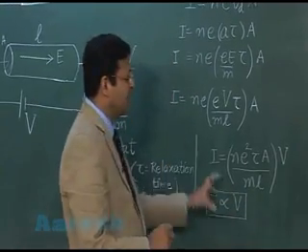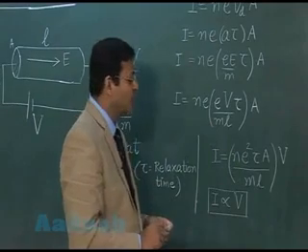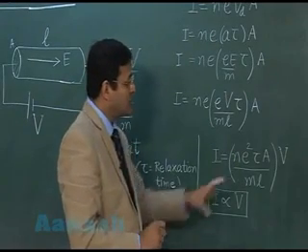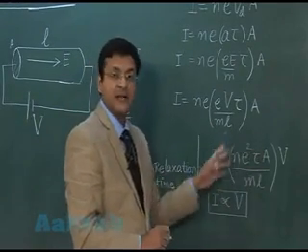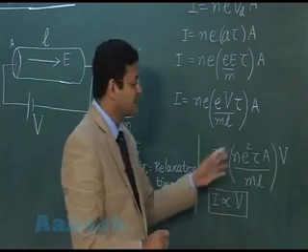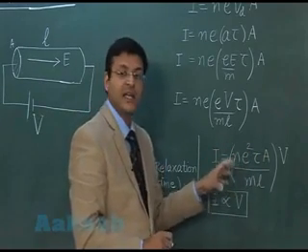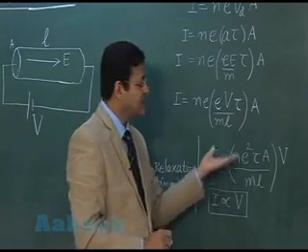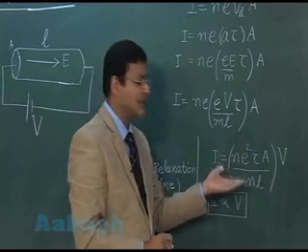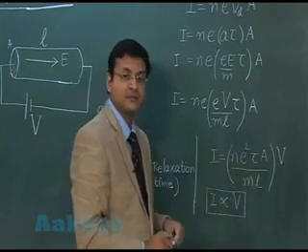So we have essentially verified Ohm's law. Now whatever quantities you see in the bracket, what do you think it is? That is just 1 by resistance, isn't it? Because I is equal to V by R.